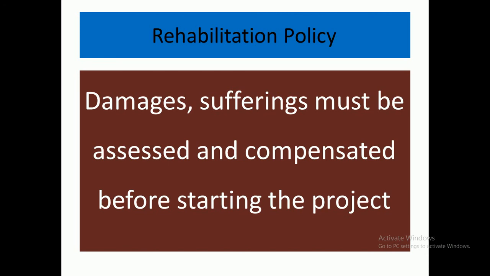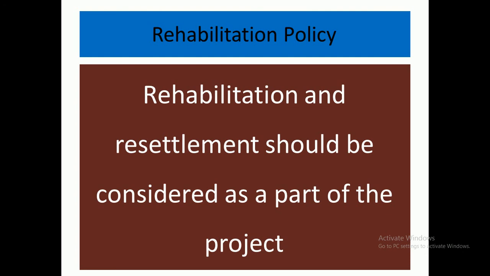That means before starting the projects, the damages and sufferings are assessed, and then proper compensation is given to those people. So everything is calculated and certain funds are allotted, and the funds are utilized for the proper rehabilitation of these dislocated people. Rehabilitation and resettlement should be considered as a part of the project.